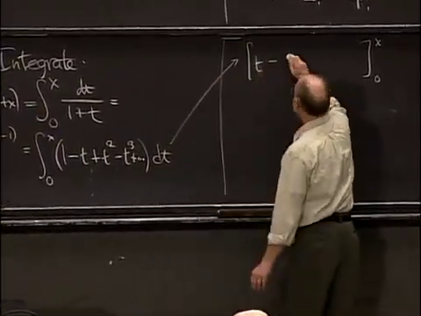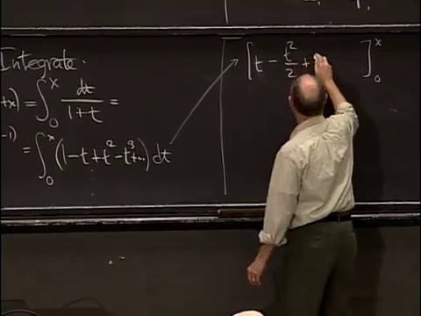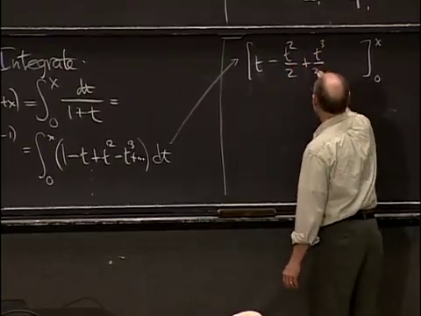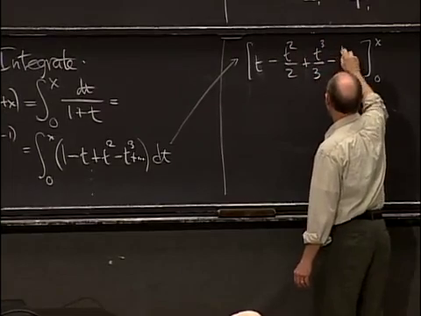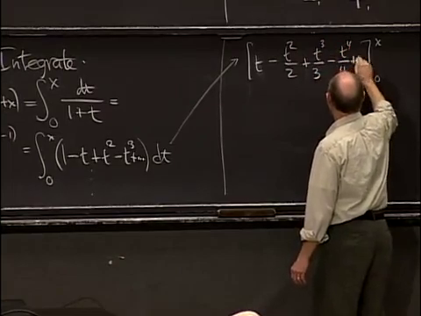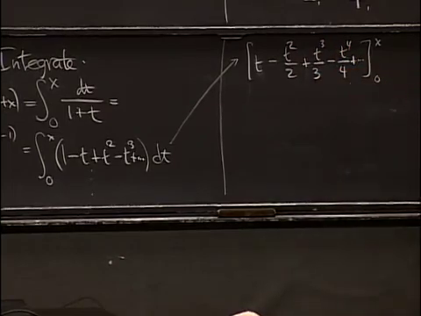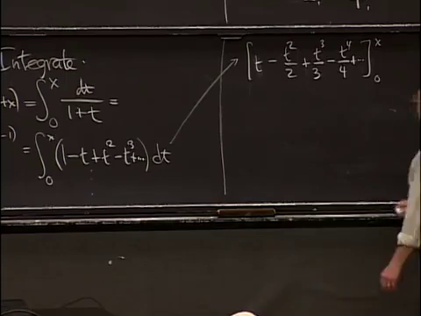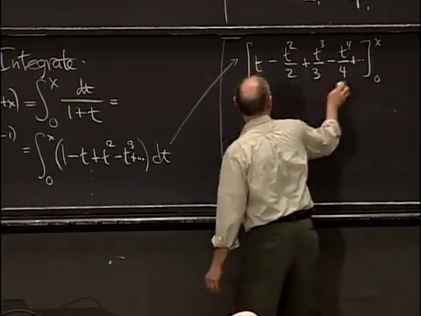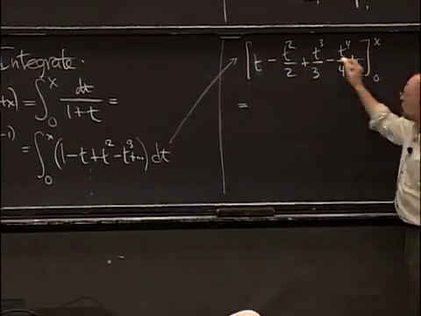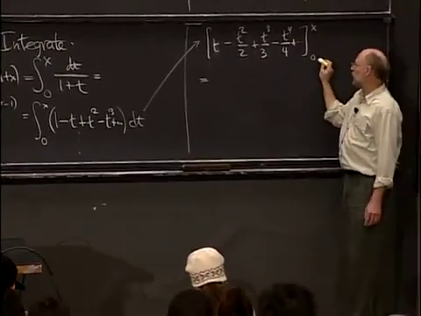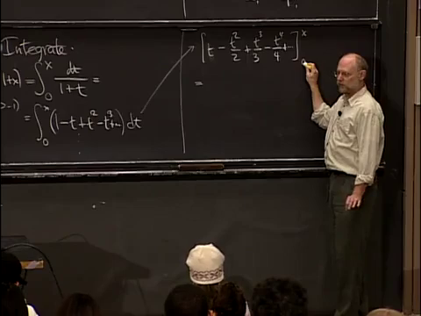When I integrate t, I get t squared over 2. t squared gives me t cubed over 3, and so on and so on. Then when I put in t equals x, I just replace all the t's by x's. And when I put in t equals 0, I get 0.